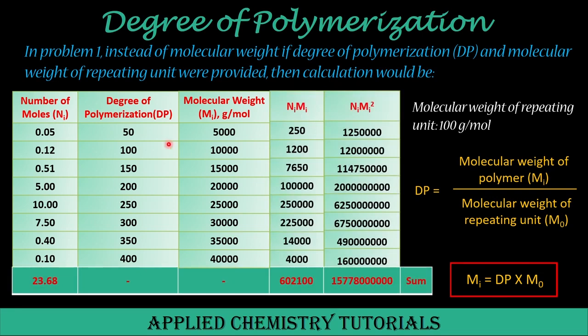You find out NiMi by multiplying Ni with Mi. Then you find out NiMi square by multiplying NiMi with Mi. You obtain their summations and then you plug into the formula of Mn bar and Mw bar just like before. So I am not showing it here again, but you can go back to the previous slides and check.